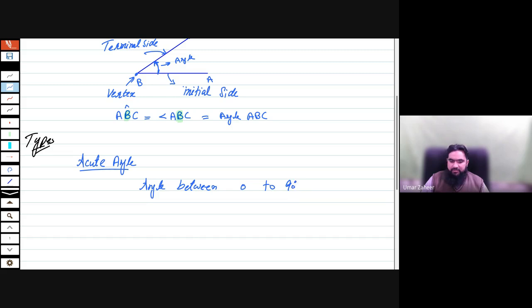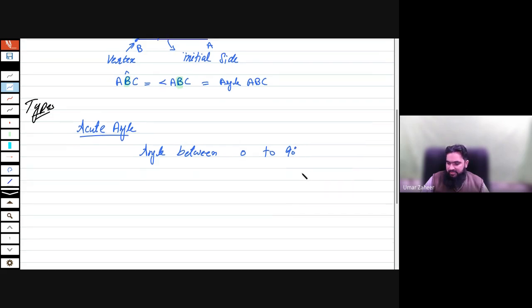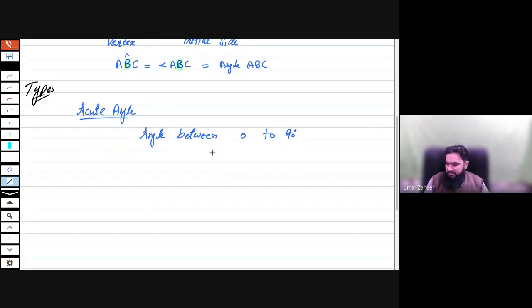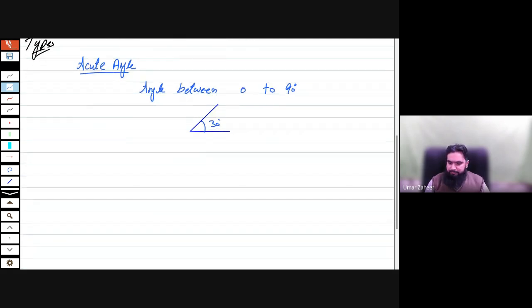So all the angles that lie between 0 to 90 degrees are known as acute angles. For example, like this. Let's say it is 30 degrees. So it is an acute angle.